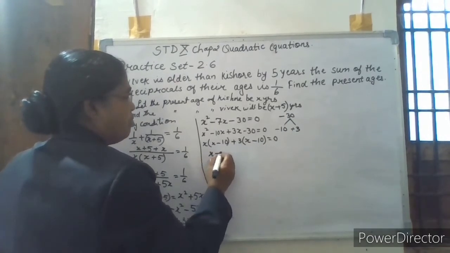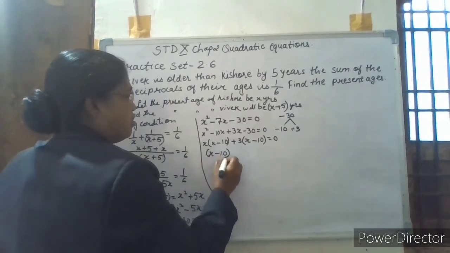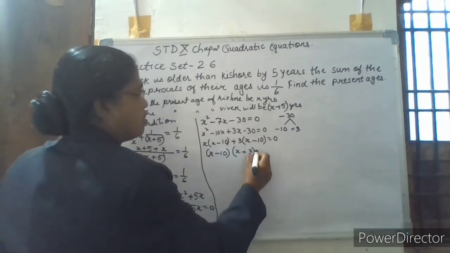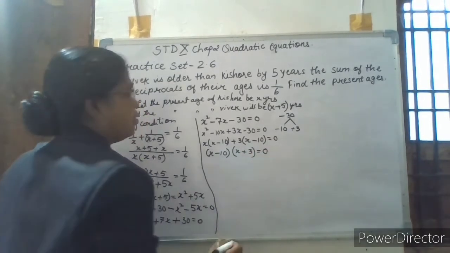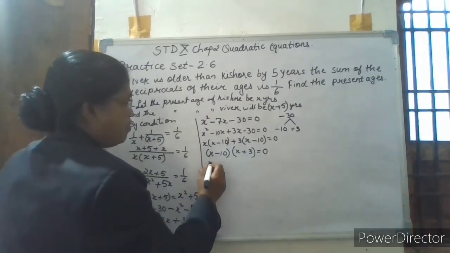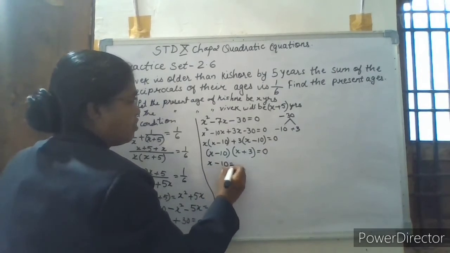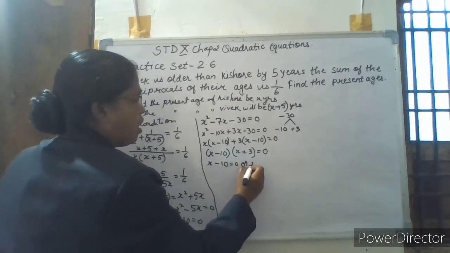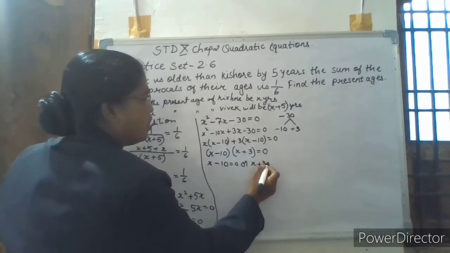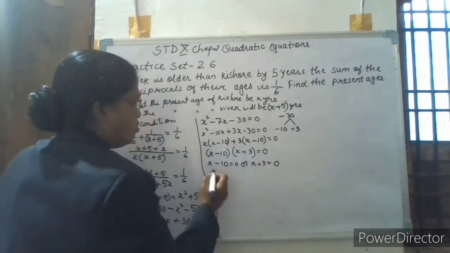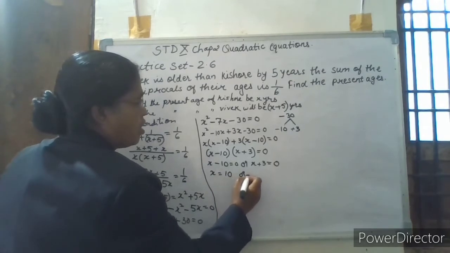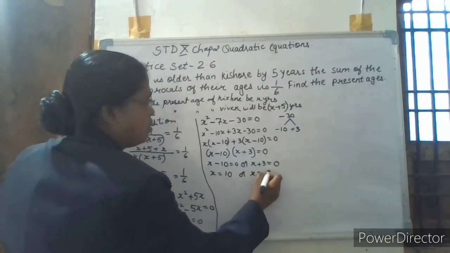So this x minus 10 is one of the factors and x plus 3 is the second factor, equal to 0. Now we got the factors. So x minus 10 equal to 0 or x plus 3 equal to 0. So x is equal to 10 here, or x is equal to minus 3.